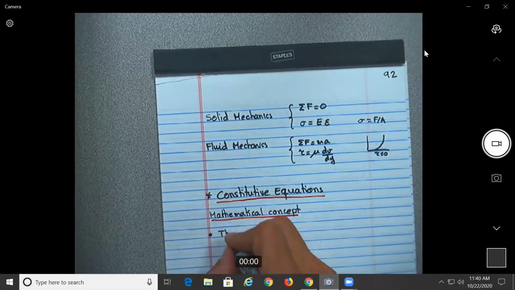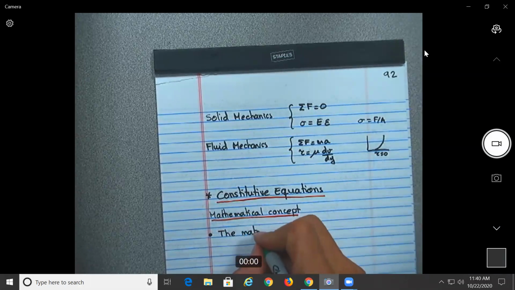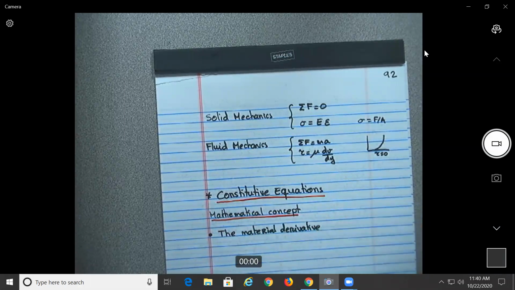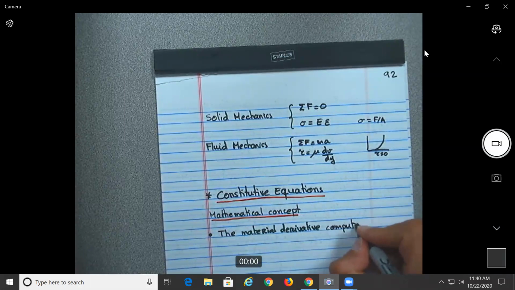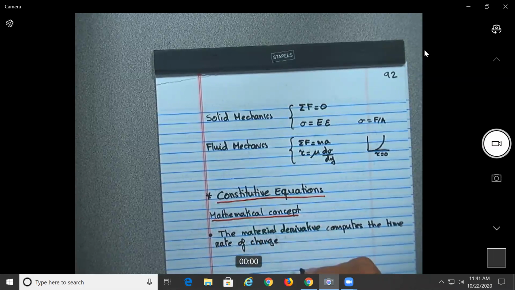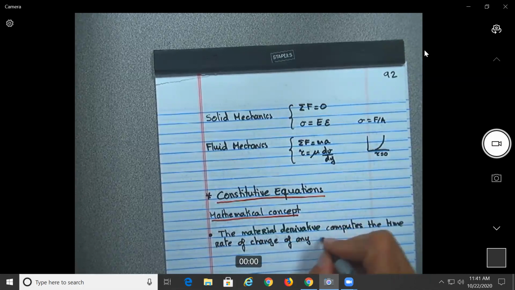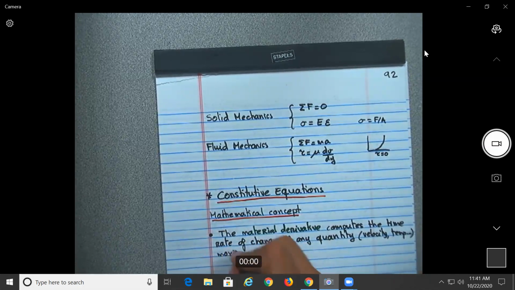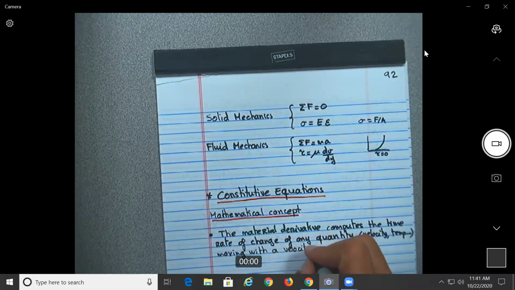We're going to talk about the material derivative computes the time rate of change of any quantity, all right? Velocity, temperature, whatever you want. Moving with a velocity v.